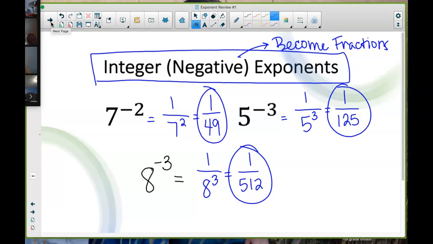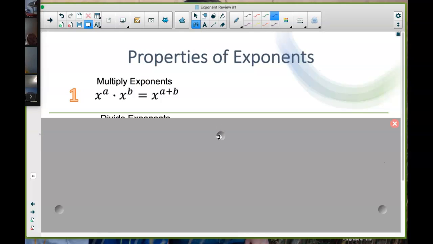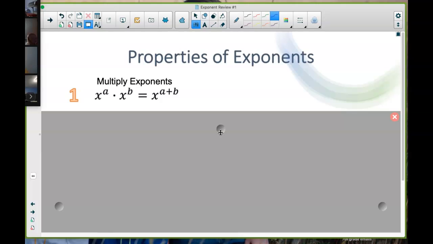Here's the next thing we learned in this unit: properties of exponents. We're going to go through these one at a time, and we had 3 properties. Here's the first one. I'll give you a moment to write.